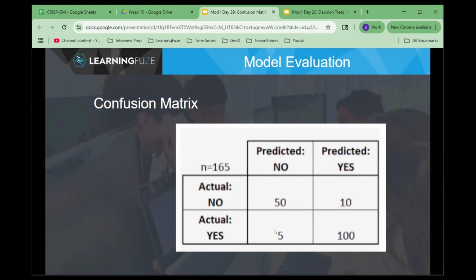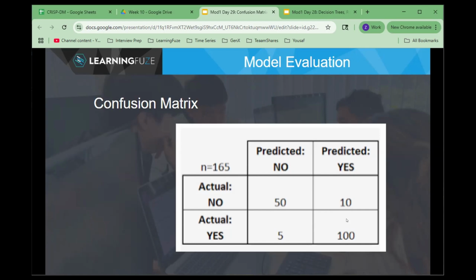It also predicted 5 no's which were actually yes. And then here, where the actual is yes and the predicted is yes, you were correct 100 times. So this is how a confusion matrix is laid out.